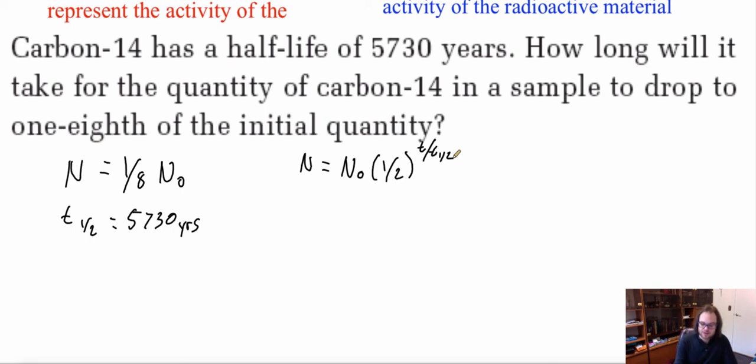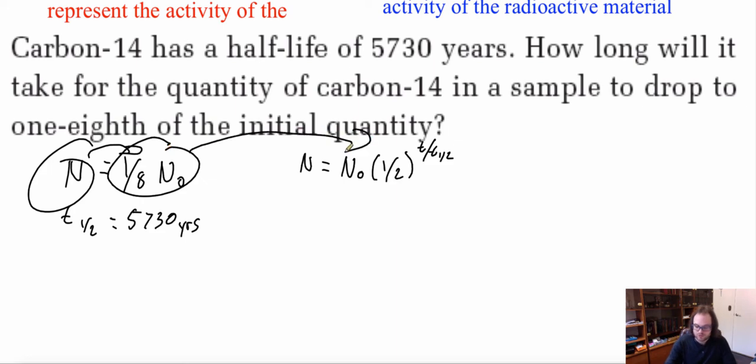Now, the key thing here is we said what n is equal to, so what my new amount is. So all of this is equal to that. In other words, I could say 1/8 is equal to N naught times 1/2 to the power of t over half-life, just through a quick substitution.